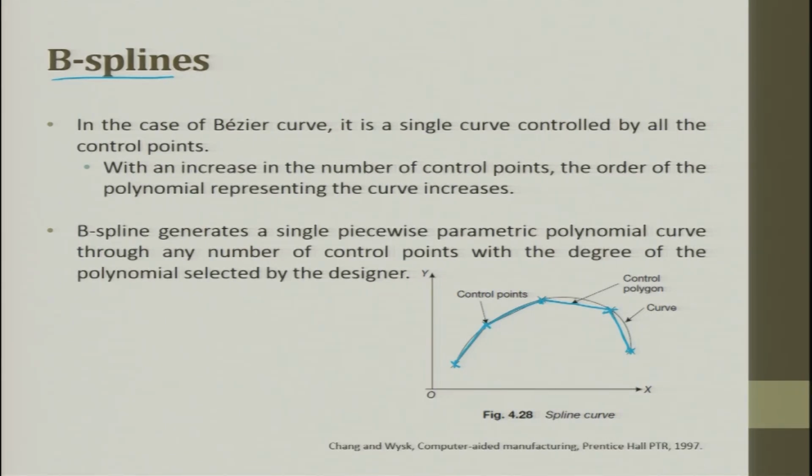Why is this required? Because from the mass customization point of view, you are supposed to understand the customer's requirement in terms of design and make changes in the design such that it can suit the customer's need.